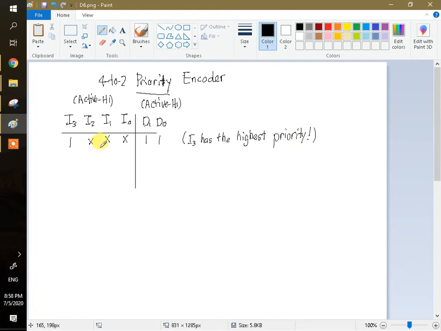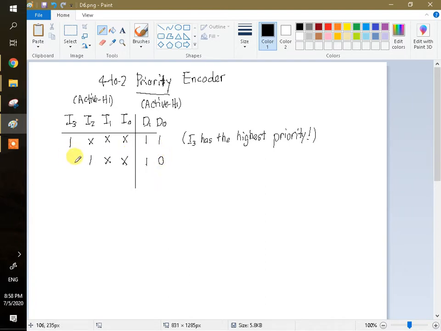Okay, the second row, the I2 has the highest priority. This is the common truth table here for the priority encoder. So when I2 is activated, don't care whether you activate I1 or not. I don't care whether you activate I0 or not. The output should correspond to 2.